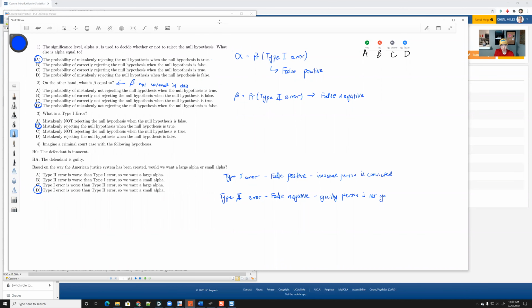Because alpha is equal to the probability of the type 1 error, we want to minimize the probability of type 1 error, so we want to have a small alpha. So alpha is equal to the probability of the type 1 error, so we want to make this as small as possible. We want a small alpha.